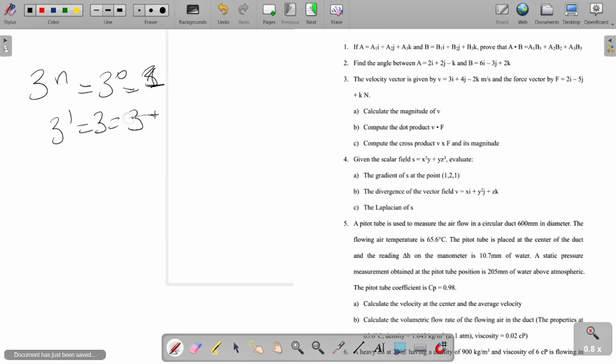So you're talking about three components that define the vector. So if, let's say, you have a velocity vector, we can have vx i plus vy j plus vz k. Right, so you can see that we have three components defining the vector, right?